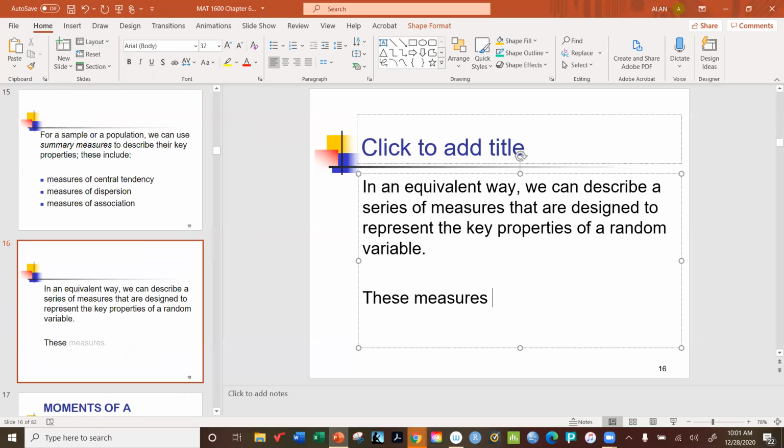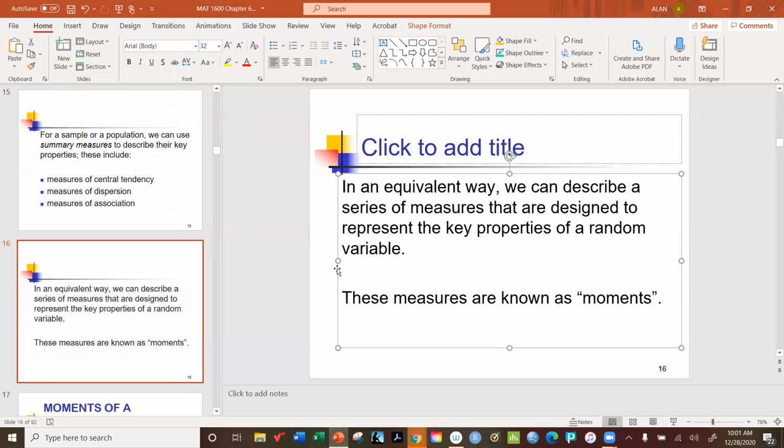These measures are known as moments. It's the same idea; it's just that the terminology can be a little bit different here.